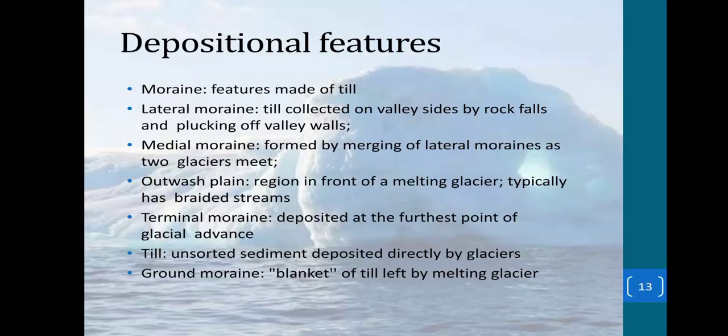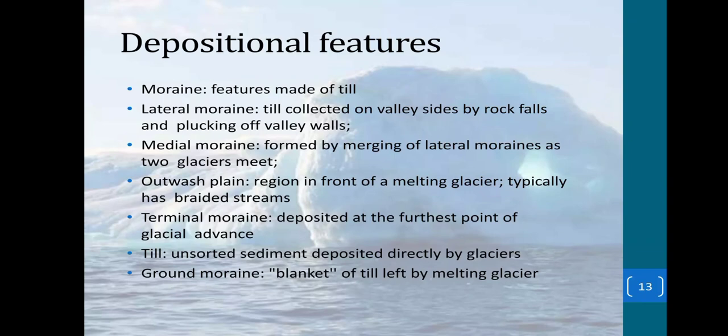Next are the depositional features. In the depositional features, there are different moraines, which are features made of till. Lateral moraine is till collected on valley sides by rock falls and plucking of valley walls. Medial moraine is formed by the merging of lateral moraines as two glaciers meet.